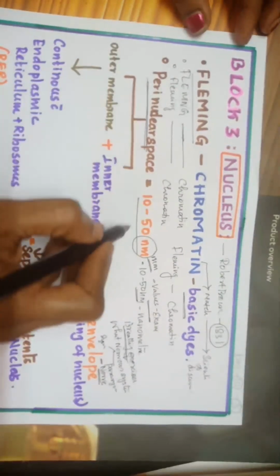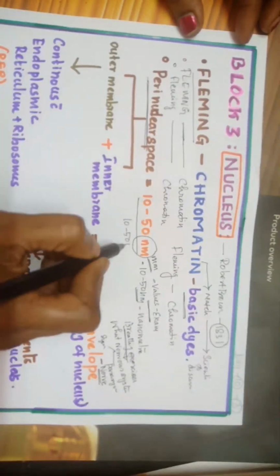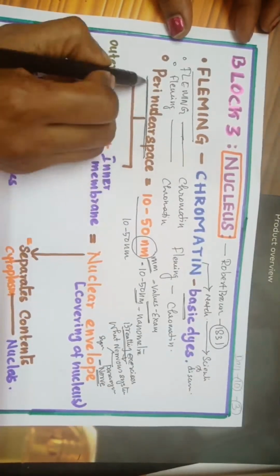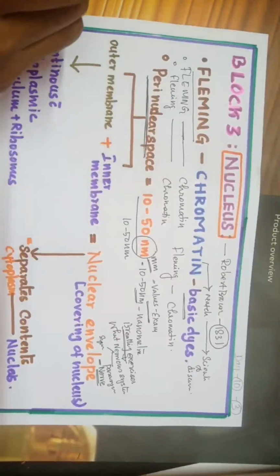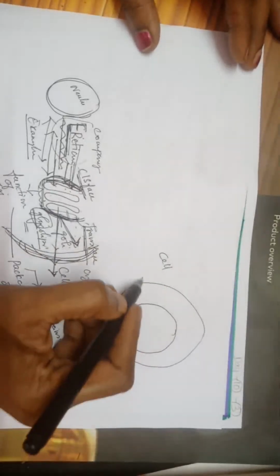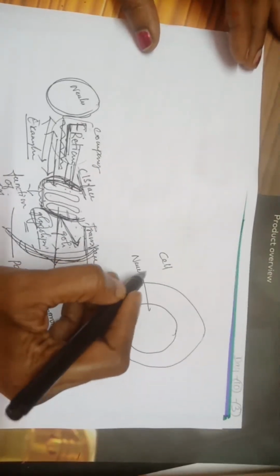Next, the perinuclear space. The value is 10 to 50 nm. Now you should ask me, what is the perinuclear space? See, you have a cell. This is the cell. This is the nucleus.